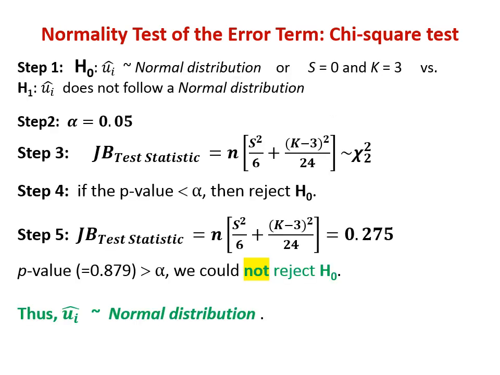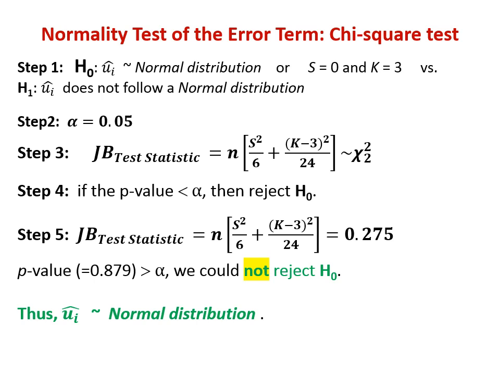Now we are going to employ the 5-step hypothesis testing procedure to test whether the residuals under consideration follow a normal distribution or not. First, let's state the null and alternative hypothesis. The null hypothesis states that residuals follow a normal distribution.